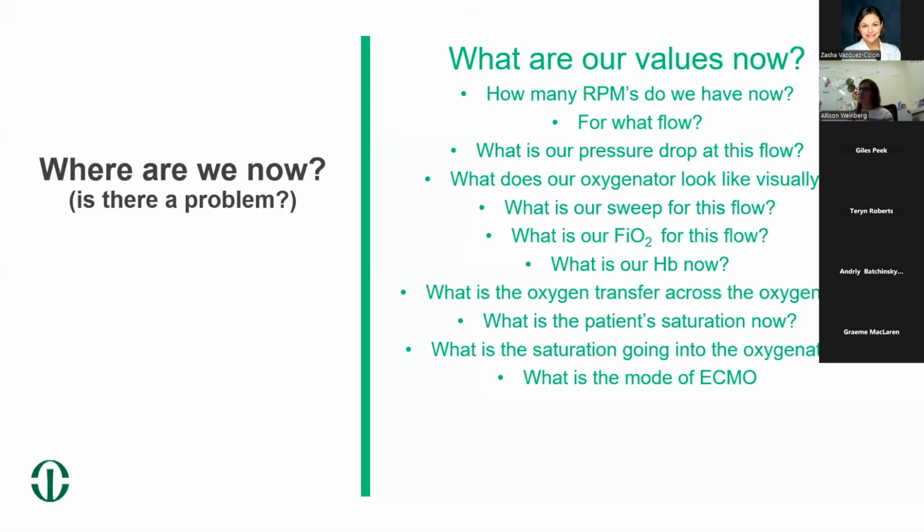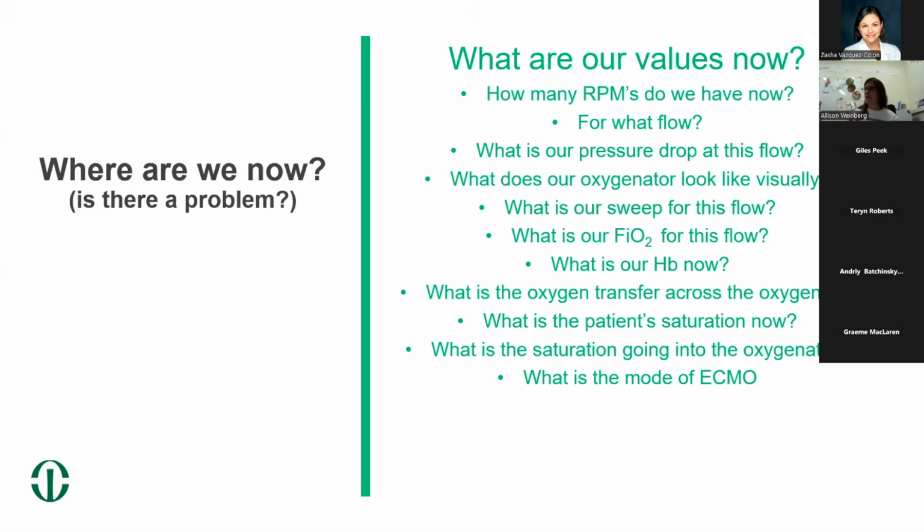And do we need more sweep or FiO2 for any given flow? Have we lost hemoglobin and the capacity to carry oxygen to the body? And of course, we always need an oxygen transfer equation to see what we're doing across the oxygenator.